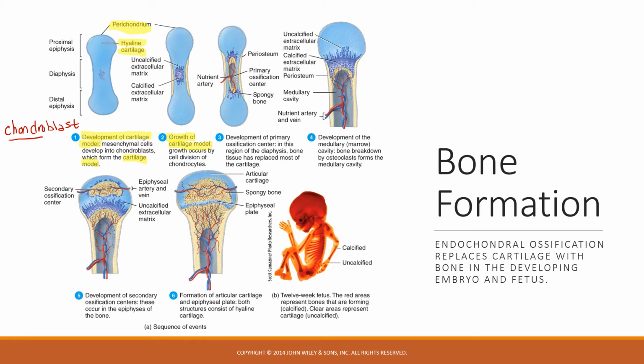It's the same thing with chondroblasts. They secrete a lot of extracellular matrix, become totally encased in that matrix, and then they are called chondrocytes. These chondrocytes can continually divide and produce more extracellular matrix, and this will add to the length of the cartilage model.